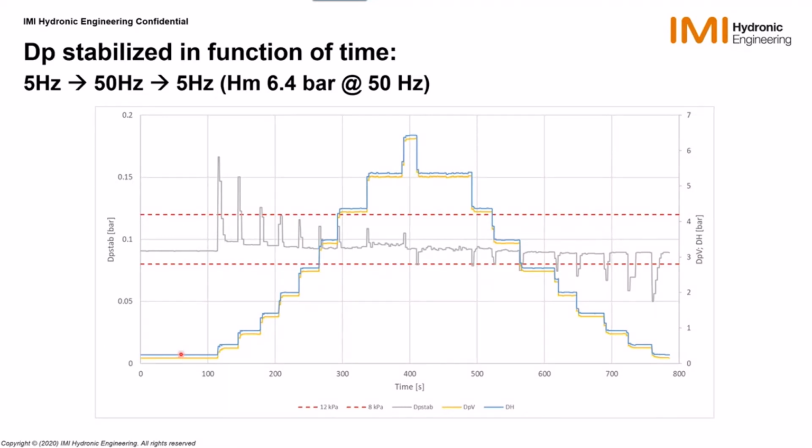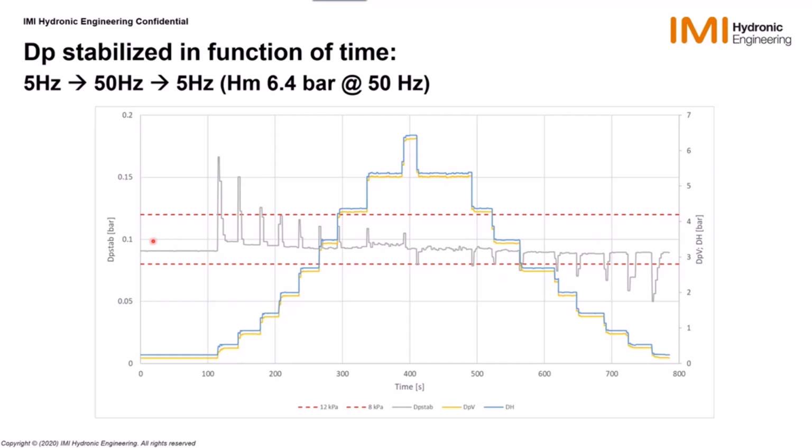So the value in gray is the delta P stabilized. The curve in yellow is the delta P of the valve itself, meaning this is the delta P of the TSMR-DP. And the delta H is the available differential pressure on the system.